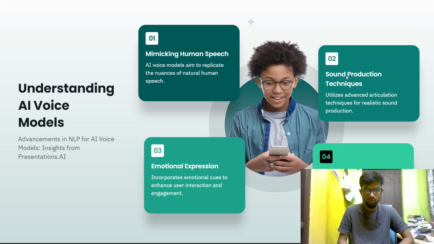And third, it expresses emotion in voice. For example, in anger the tone will vary. A live example is ChatGPT, of course. In ChatGPT, we have a voice model which is exactly like a human voice. So let us get further.